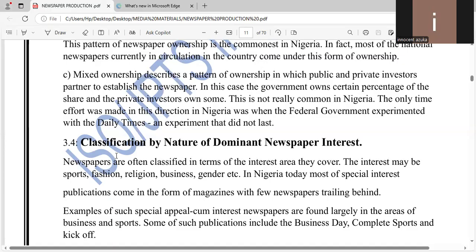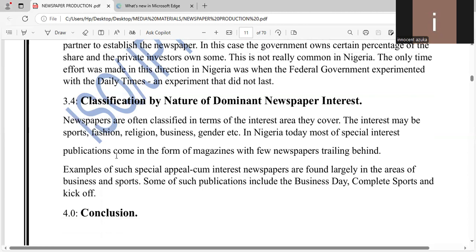This interest may be sports, fashion, religion, business, gender. In Nigeria today, most special interest publications come in the form of magazines, with few newspapers following behind.